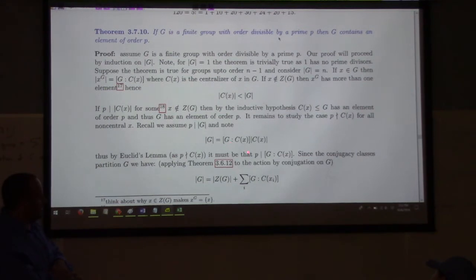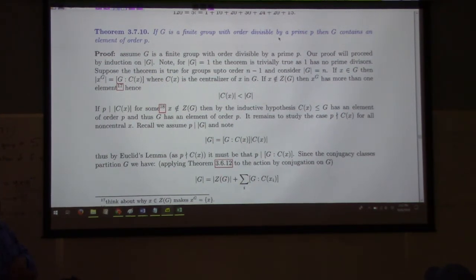So in this case, we have that P divides the index of the centralizer of x. And since the conjugacy classes partition G, we apply theorem 3.6.12 to the action. So this is the orbit stabilizer theorem, I believe. In the current context, there are two different kinds of orbits. There are the singleton orbits, which are in the center of G, and then over here, these are the non-singleton orbits.